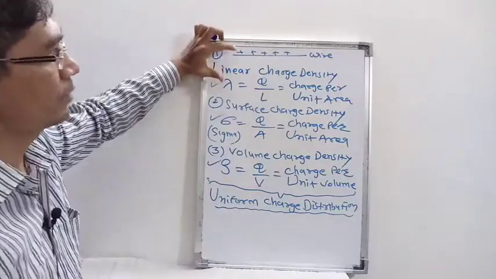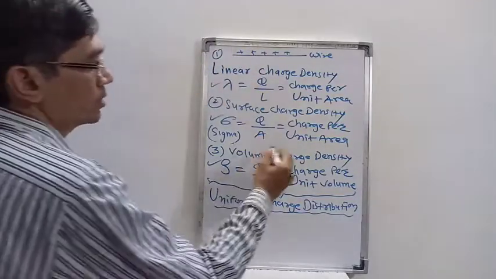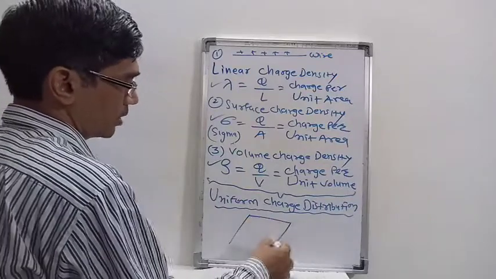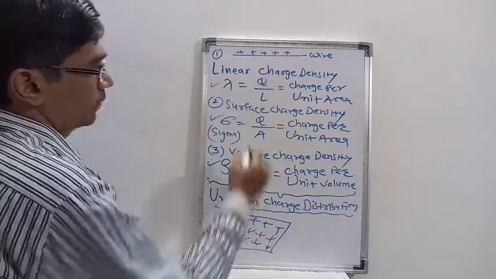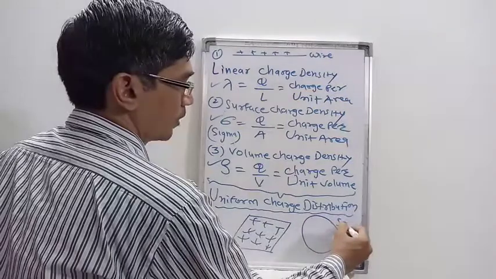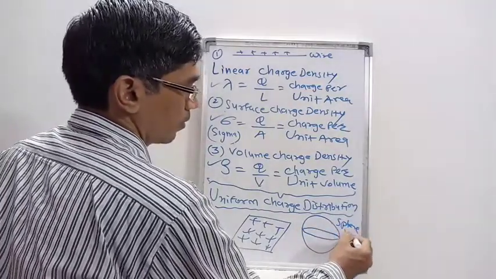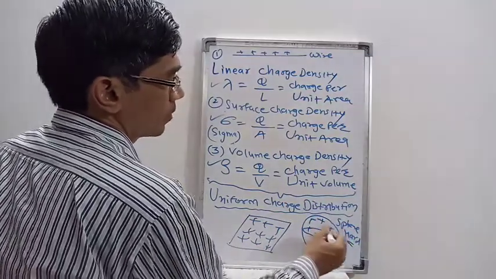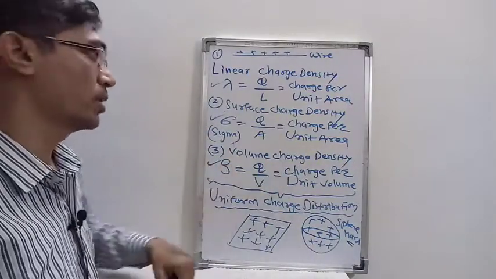If a charge wire is given, then we use the linear charge density. If an area, a plane or a plate which is uniformly charged is given, then we can use the surface charge density. If a hard sphere which is a charged sphere is given, then we use the volume charge density.